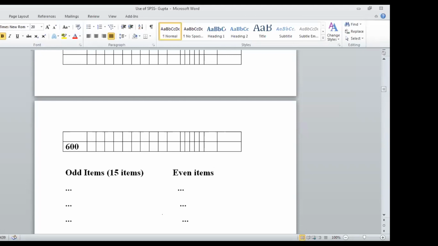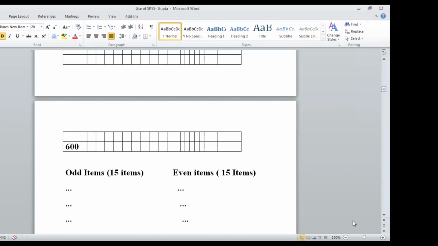So now you can find out the correlation between the odd items and the even items.